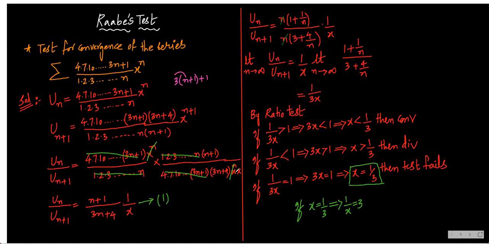Next page I will take, where I have to substitute. When 1/x is equal to 3, our u_n by u_(n+1) value becomes numerator 3n plus 3 divided by 3n plus 4.